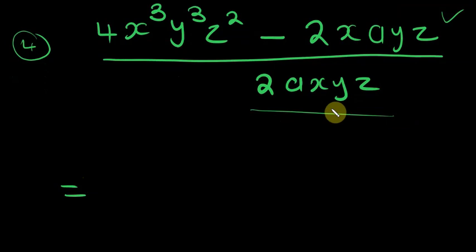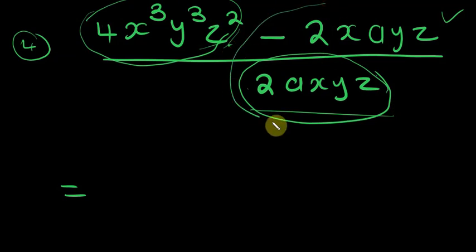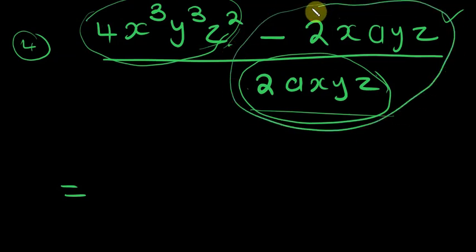So what we do is we divide every term in the binomial by the, what am I saying, by the denominator, not numerator. Every term in the numerator will be divided by this very same term in the denominator.